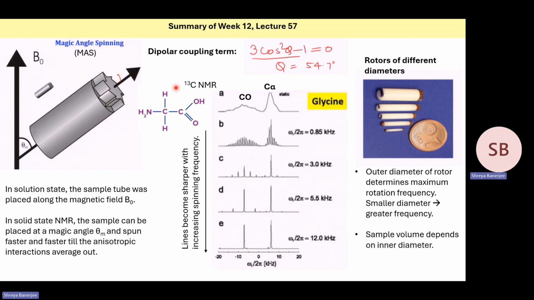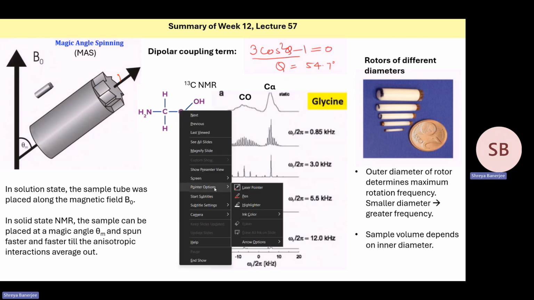If we look at the simple molecule of glycine, the spectra shown on top is the static NMR, meaning you are not rotating this tube. We are just taking the normal static solid state NMR. In this compound, there are two carbons.